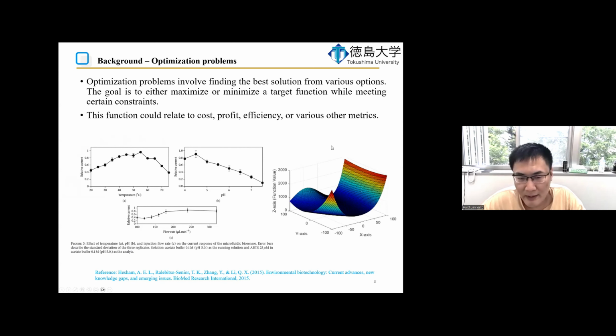There are many optimization problems with 100 or even 1,000 parameters that influence the fitness value. At that time, the solution space will become a 100, even 1,000 dimensional solution space, and the problem will become very complex.